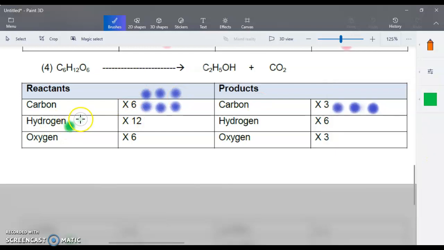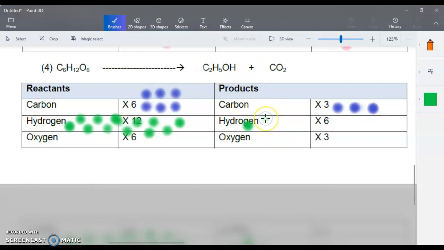So we've got 1, 2, 3, 4, 5, 6, 7, 8, 9, 10, 11, 12 hydrogens on this side, because you've got 1 molecule with 12 atoms of hydrogen in. Over here you've got 6 hydrogens: you've got 1 here, and you've got 5, so 1 plus 5 is 6.